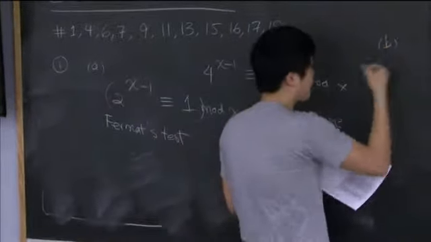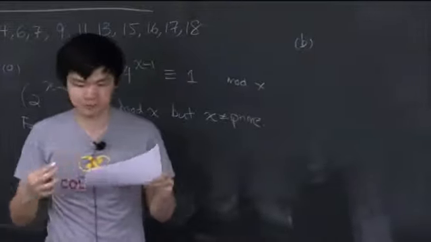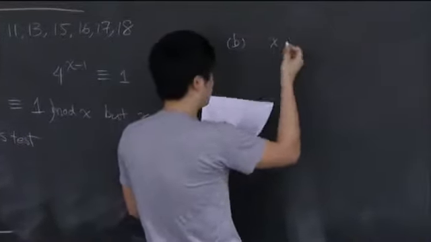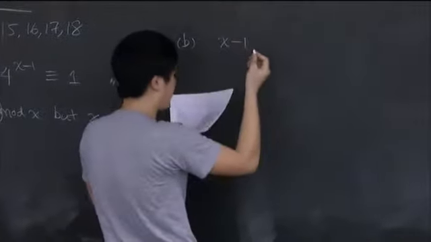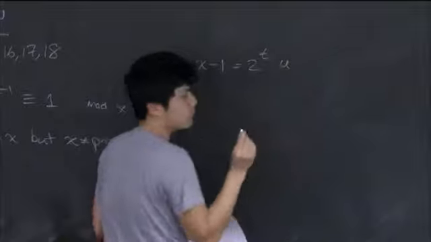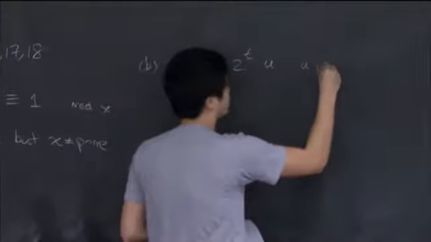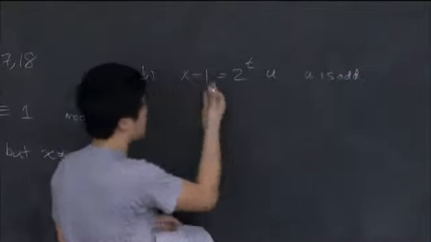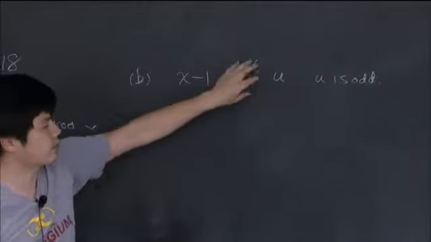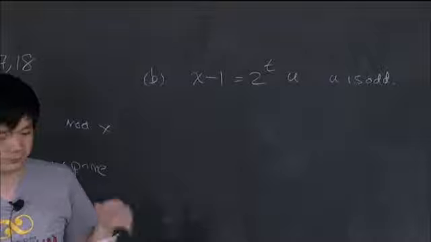Part B says, so there's been a little correction in part B. So the new problem should say, let x be an integer, and suppose I can write x minus 1 as 2 to the t times u, where u is odd. Okay, so that just means that 2 to the something means all the even powers of x minus 1 are here, and u is an odd number.